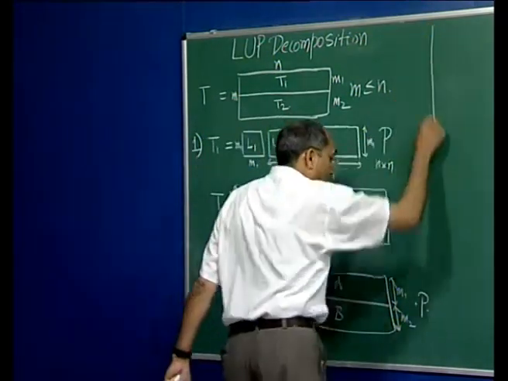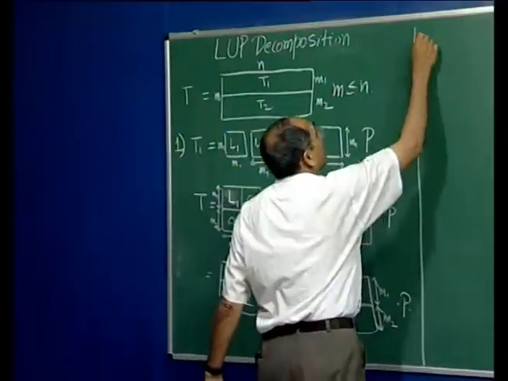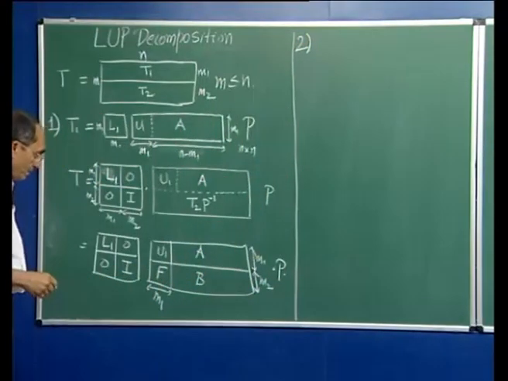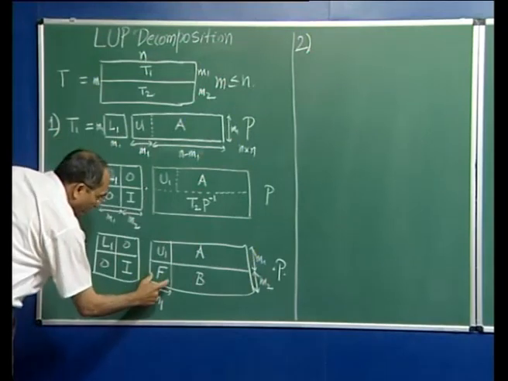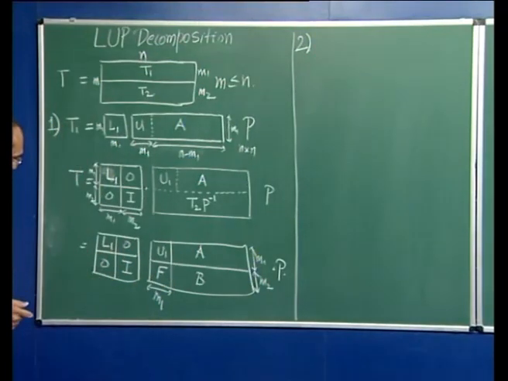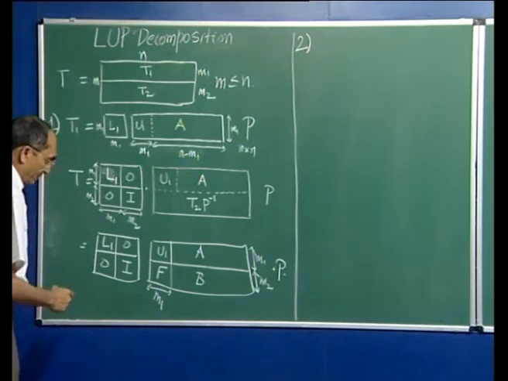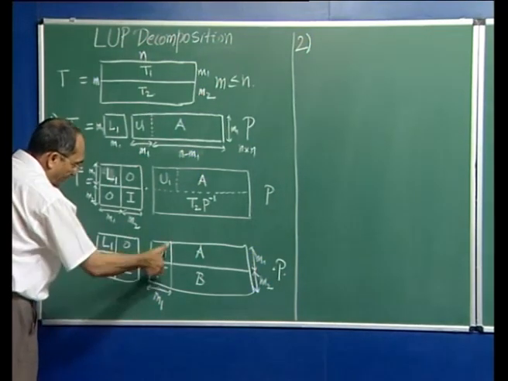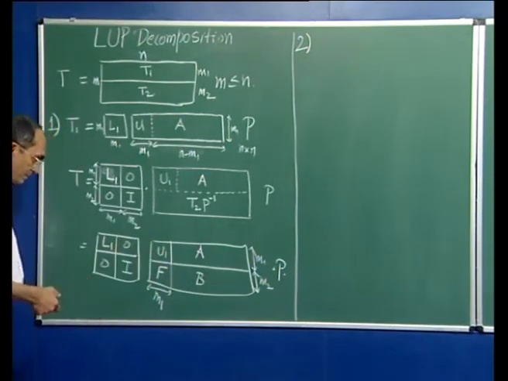Now in the next step, we will attempt to make this part 0. Now to do that, we have to ensure that the contribution, which is F when we go in this part, is still maintained.